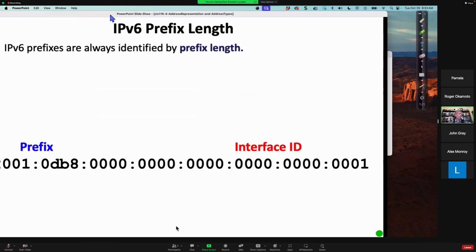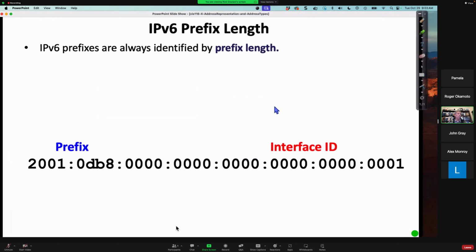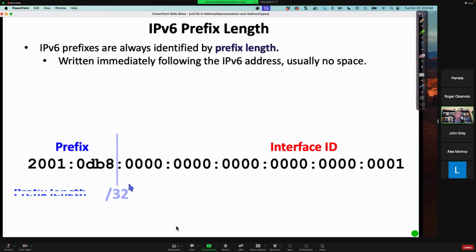Oops, I've got to move this over, don't I? There we go. So prefixes are always identified by the prefix length.